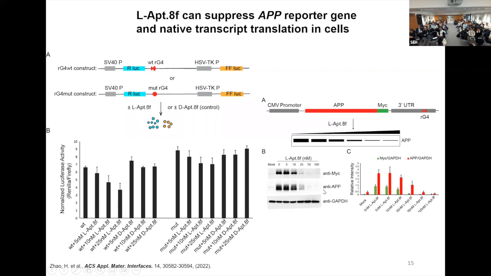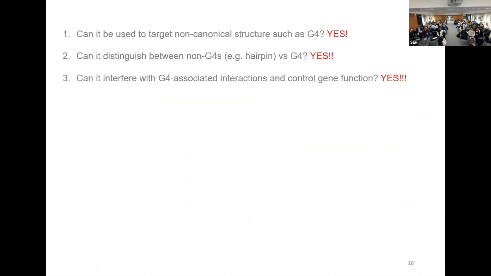And we found that the APP protein reduced when we add in more of the L aptamer, same with the tag as well, just to further verify that this is from the plasmid itself. Okay, so this is where we are right now. And obviously we're developing even more other types of aptamer, so I will wait for the Q&A section maybe.